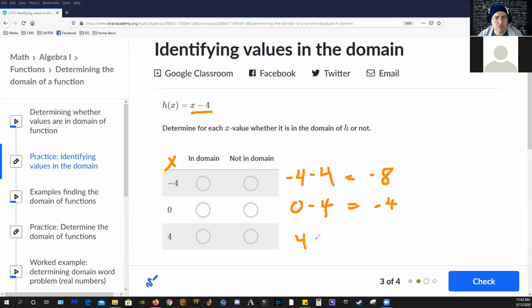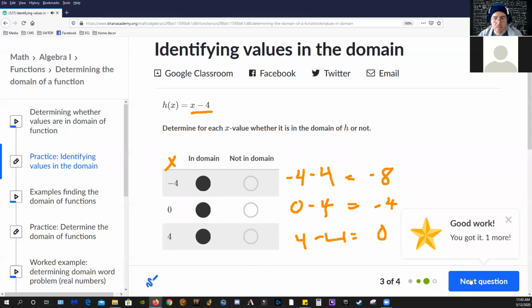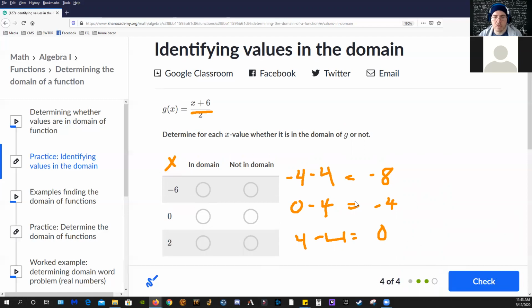This is 4 minus 4, which is 0. I think they're all fine. Yep, I would say they're all good. As long as I don't come up with an undefined fraction or an imaginary number that's the square root of a negative, I think we'll be all right.